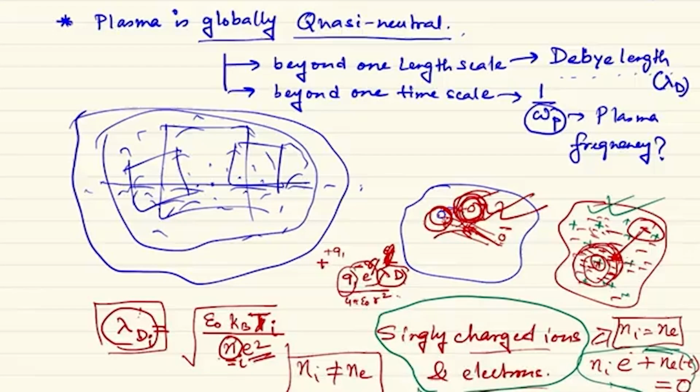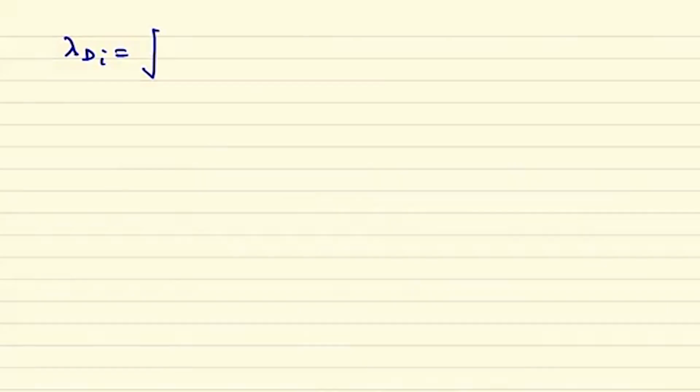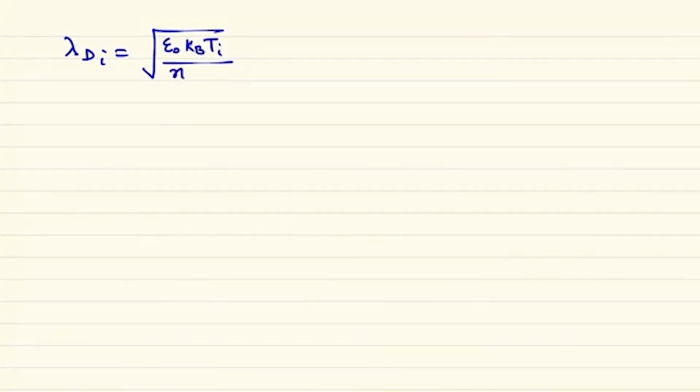Now we can do a very simple thing. What is the lambda D for ions? That is simply epsilon 0 kB Ti by ni e squared. And what will be the lambda D for the electrons?